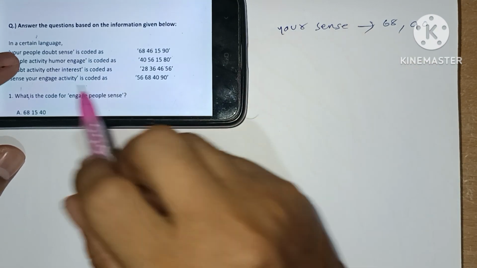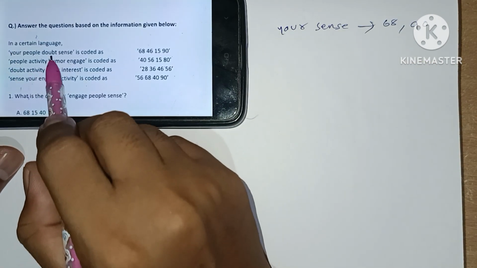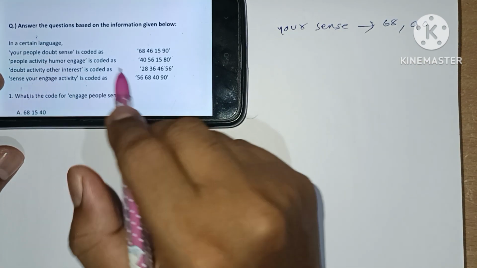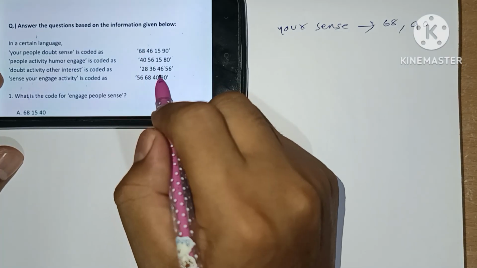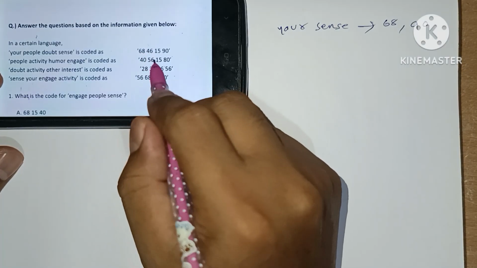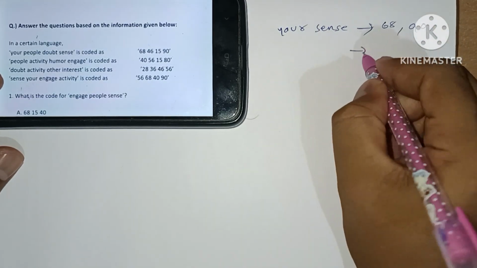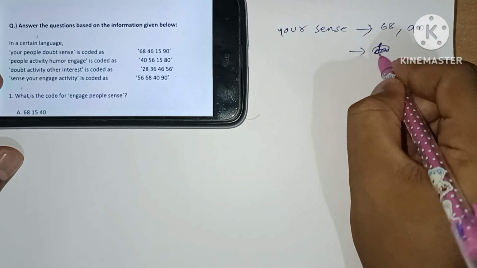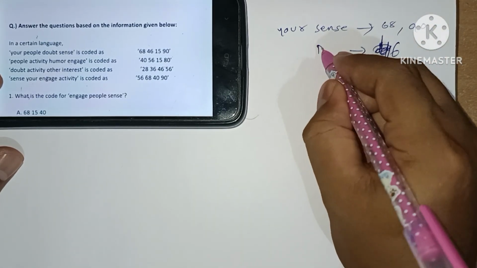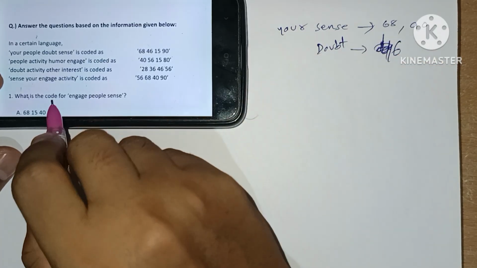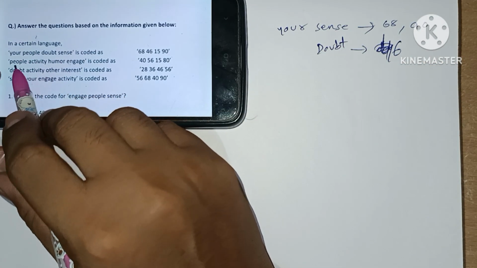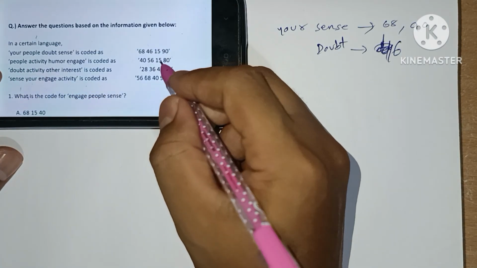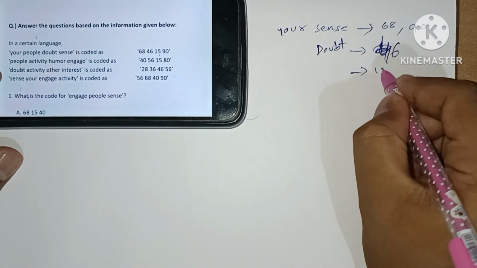Next, "doubt" here and here. The common code for these two is not 28, not 36, it is 46, so 46 is "doubt". Next, "people" and "people" are common here, so the common code between these two is 15.